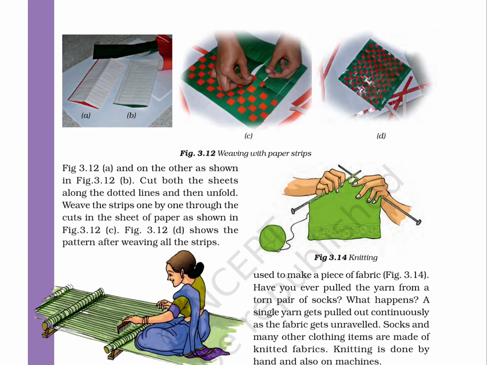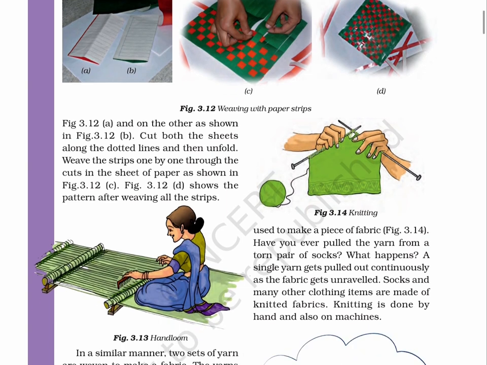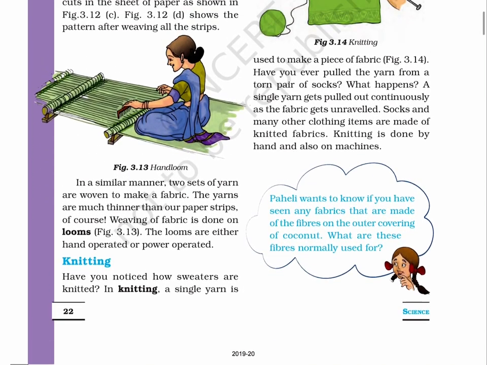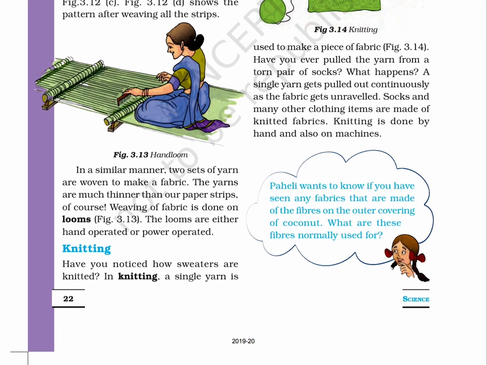Figure 3.12d shows the pattern after weaving all the strips. In a similar manner, two sets of yarn are woven to make a fabric. The yarns are much thinner than our paper strips. Of course, weaving of fabric is done on looms. As shown in figure 3.13, the looms are either hand-operated or power-operated. Figure 3.12 shows weaving with paper strips.